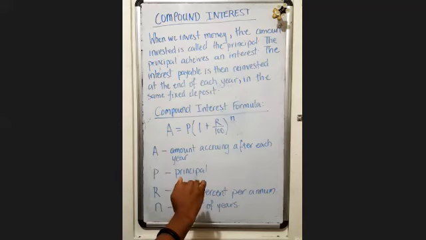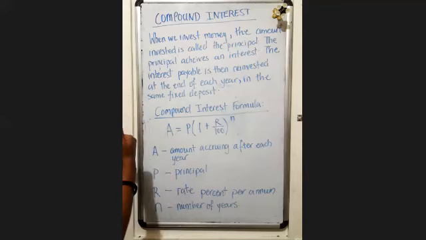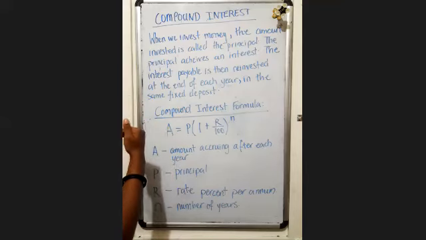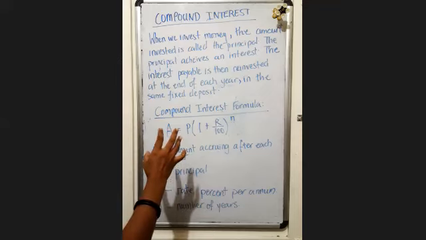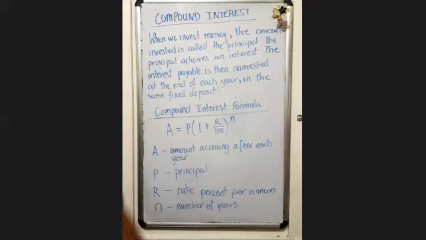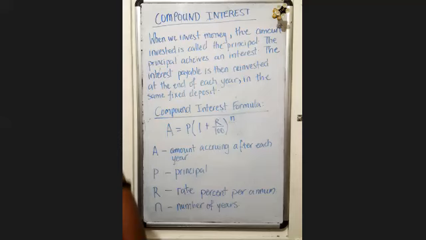Whatever interest you receive, you reapply it to your previous principal, and then you go again for the third year, and whatever interest you receive, you reapply it now to your previous principal. So your interest is compounding on your principal each time at the end of the year. So it is accumulated at the end.